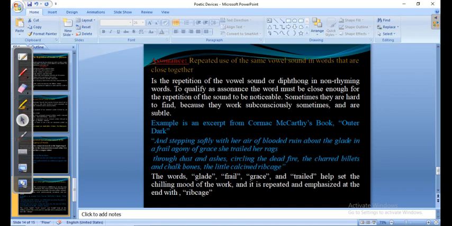You will see glade, pale, grace and trailed help set the chilling mood of the work, and it is repeated and emphasized at the end with ribcage. This is called assonance. I have given you the perfect example of what assonance is.